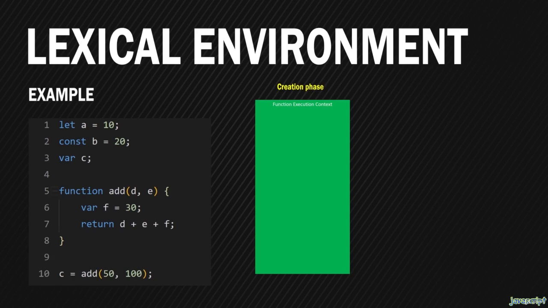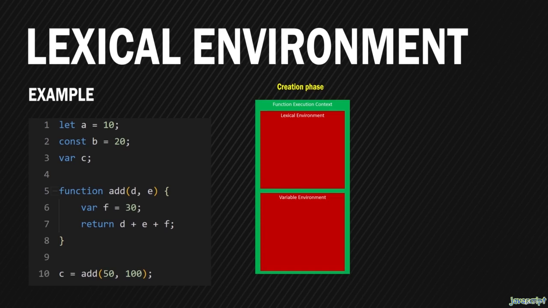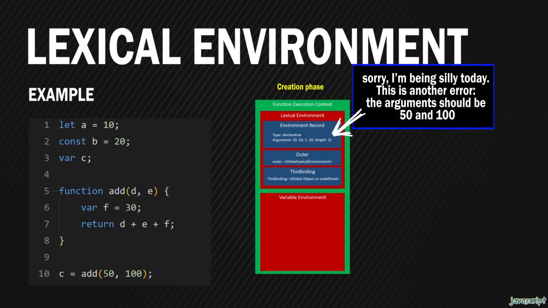And again, each execution context has a lexical environment and a variable environment. And what's in this lexical environment? Well, here we have our function. In the environment record, we've got our function type, which in this case is declarative. We've got arguments, and we have an index of arguments. The first argument is 10, the second argument is 20, and it also stores a length property.